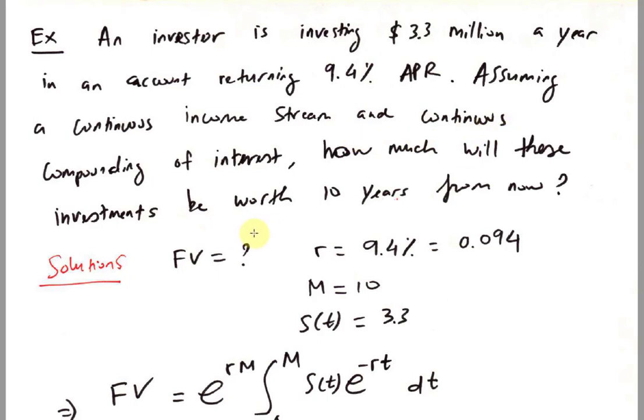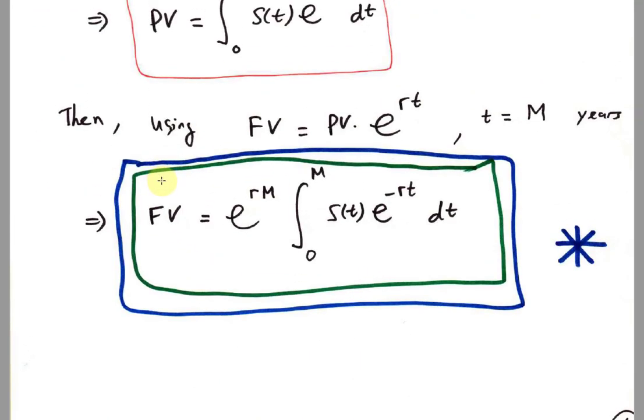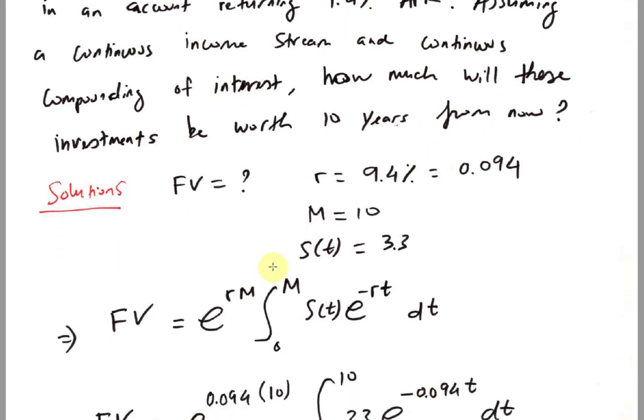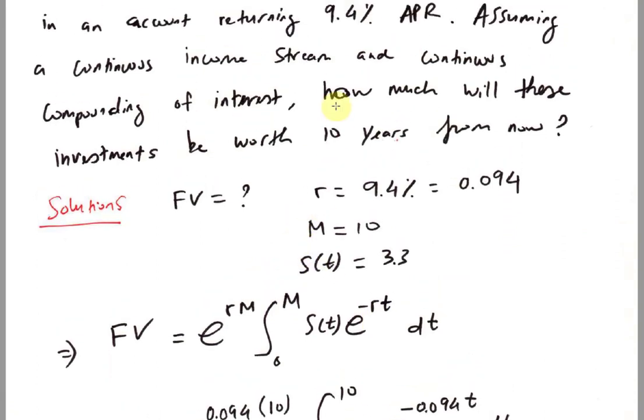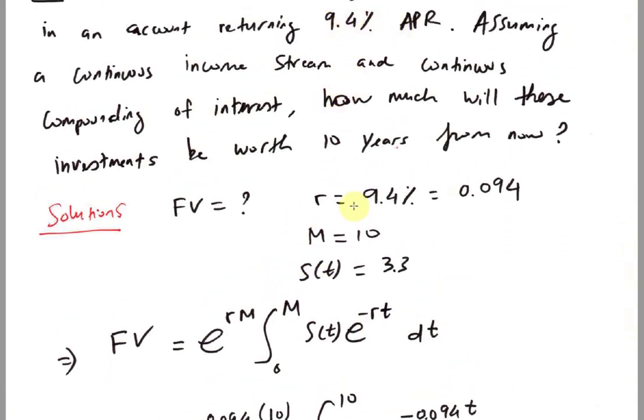So from the question, you know that we are looking for future value. And in this case, we are looking for the future value of a continuous income stream, which is this formula. And we know that the APR is 9.4%. That is the annual rate, which is 0.094 in decimal.